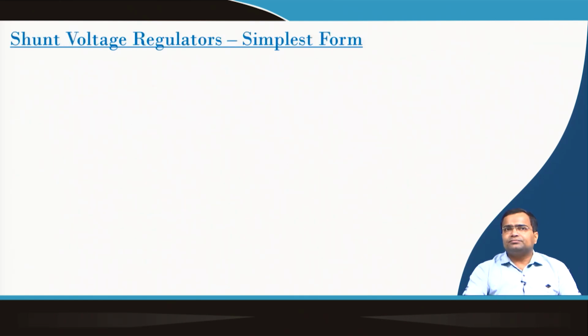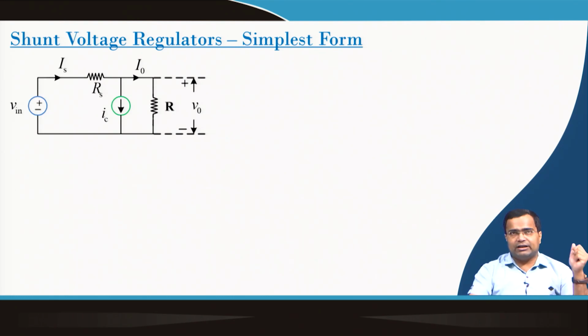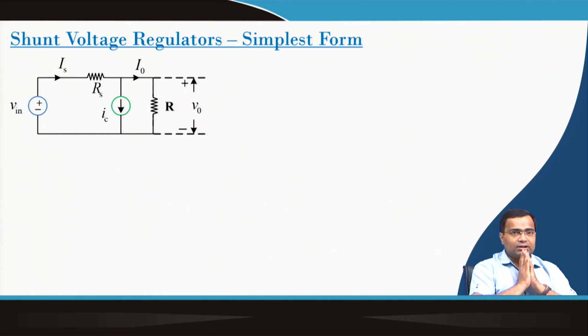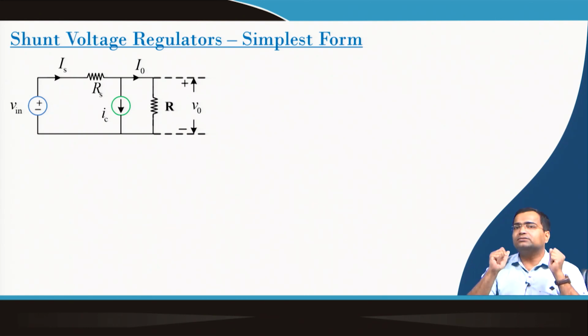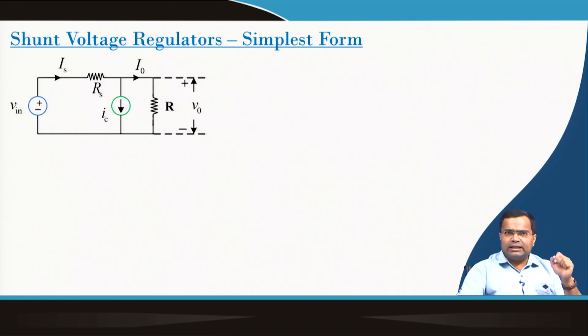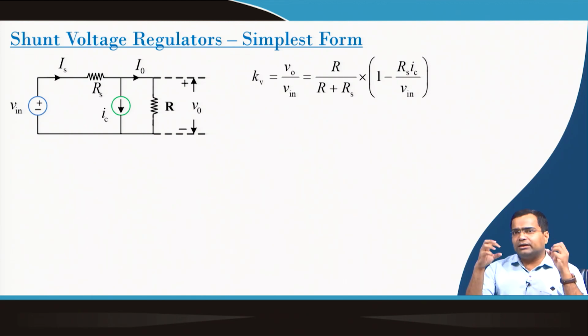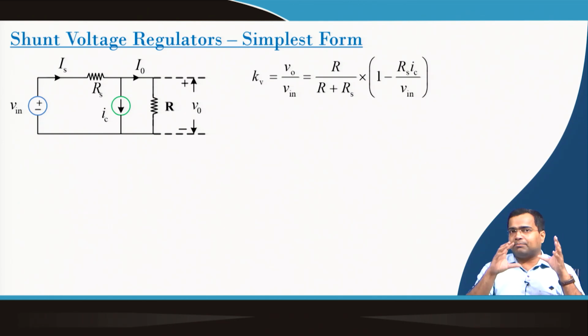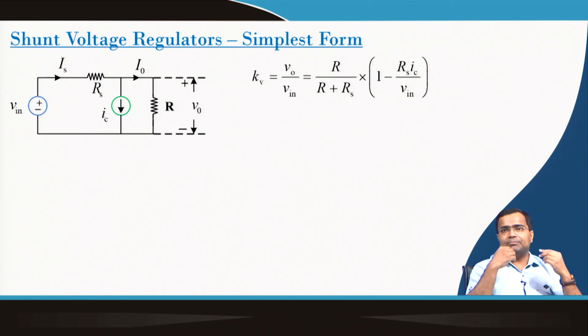Next, we can use a shunt voltage regulator, where, compared to the series voltage regulator, we are considering an additional current shunt path across the load resistance. This is generally a control current, and in this case the voltage gain, along with R by R plus RS, another factor will come due to the current sinking path.